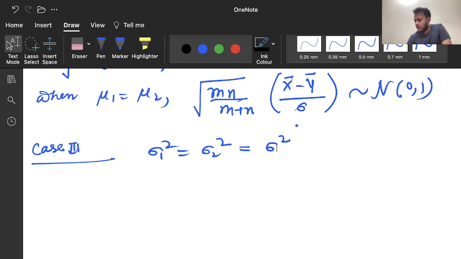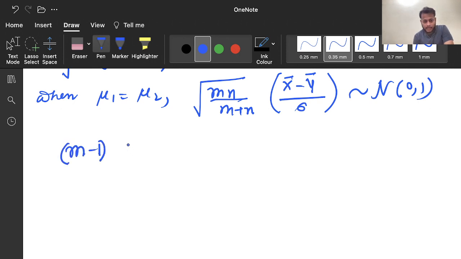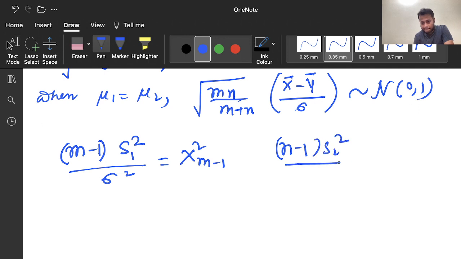Then m minus 1 s1 square by sigma square follows chi square m minus 1, and n minus 1 s2 square by sigma square follows chi square n minus 1.